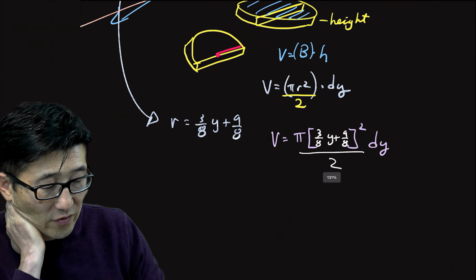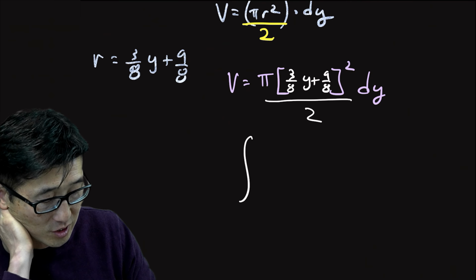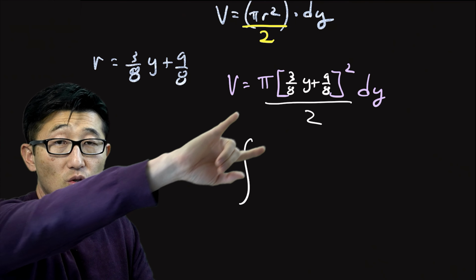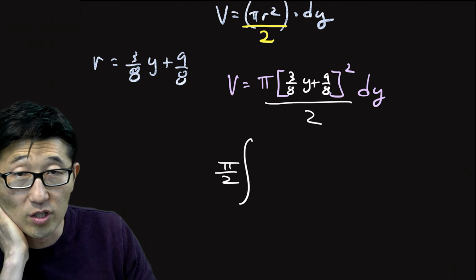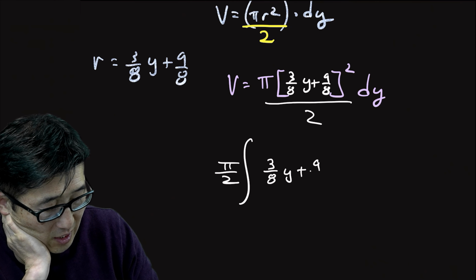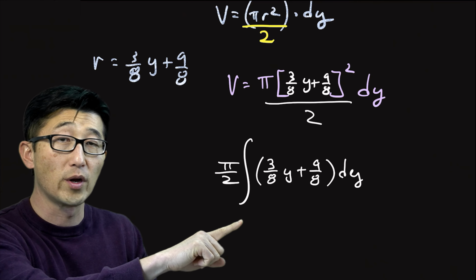So now we have to figure out how to find the lower bound and the upper bound for this integral. I'm going to pull out the pi over 2 outside because they're just constants. We don't need to worry about using them in part of the equation. 3/8 y plus 9/8 is the main equation, and dy, and the question is from where to where?